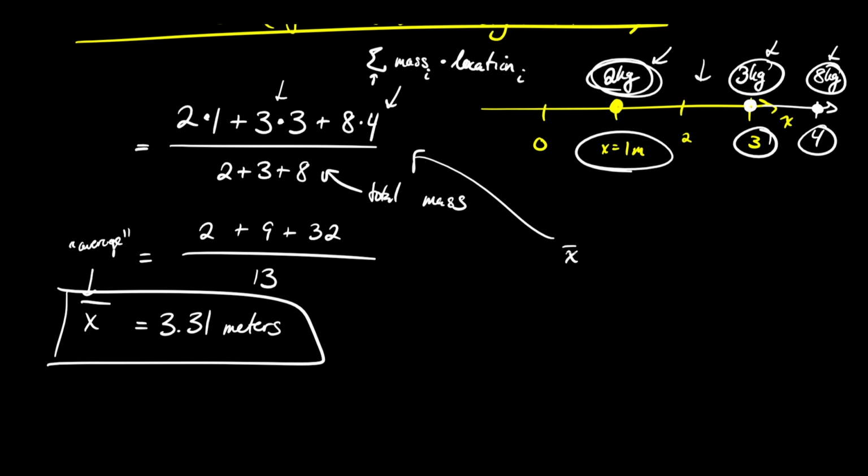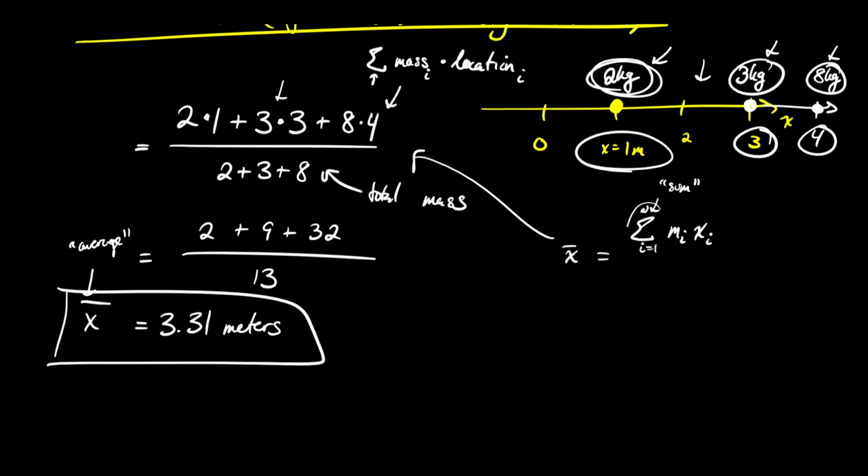So sometimes you'll see this formula unfortunately written as this. This symbol is called capital sigma, and it's read "sum." You're going to add up, for each object to however many objects there are, the mass of the object times the location of the object.